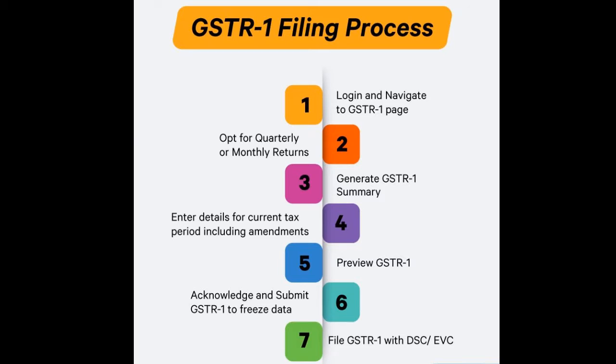GSTR 1 is a sales return that is required to be filed by every GST registered person with the government. Taxpayers are to enter details relevant to their sales and outward supplies in the GSTR 1 sales return.